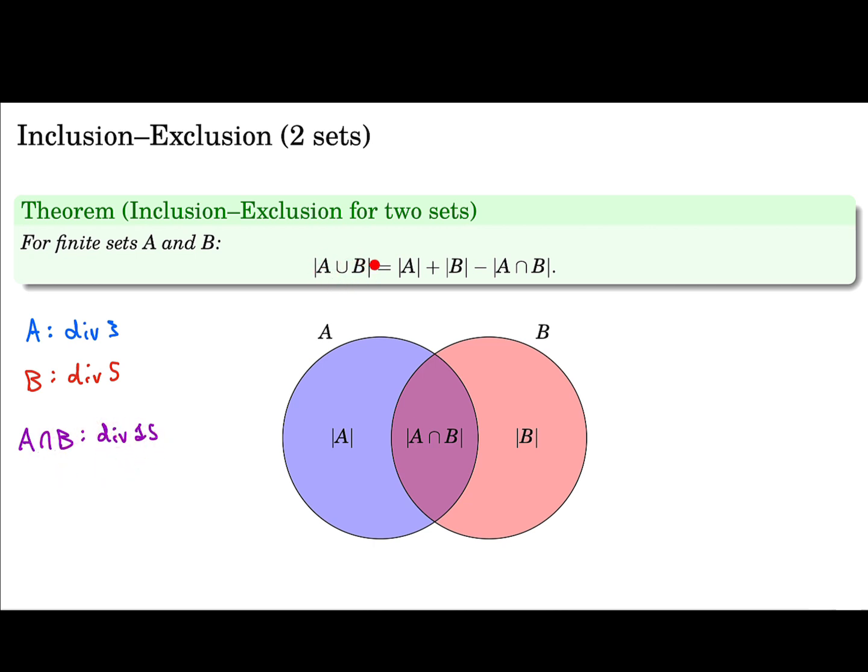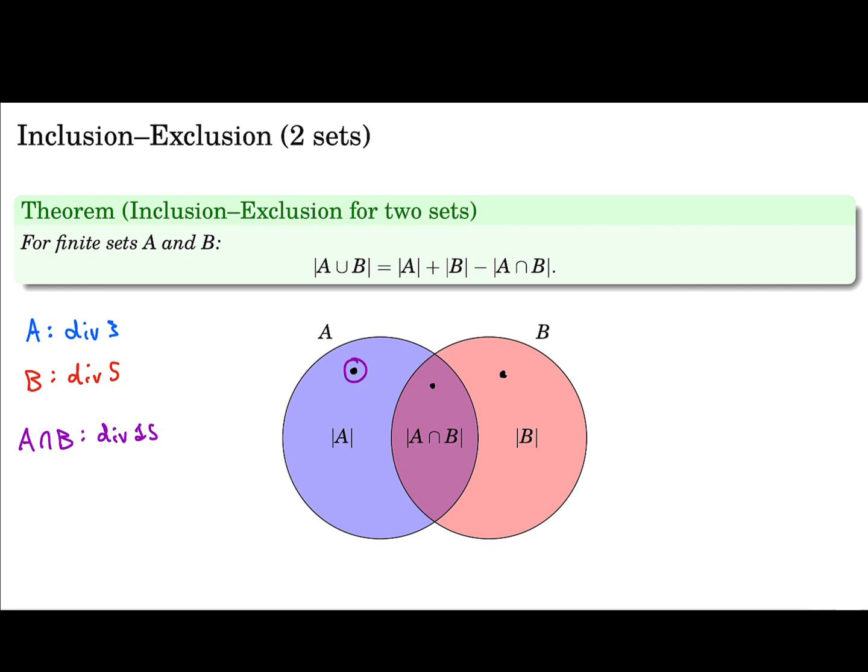And so if you want to count the union, it's going to be the sum. So the union of 2 sets A and B is going to be the sum of the elements in A plus the sum of the elements in B minus the sum of the elements in the intersection. You can think of it as, let's say you have an element here, an element here, an element here. When you're counting the elements of A union B, when you count the elements of A, this element here is counted only once.